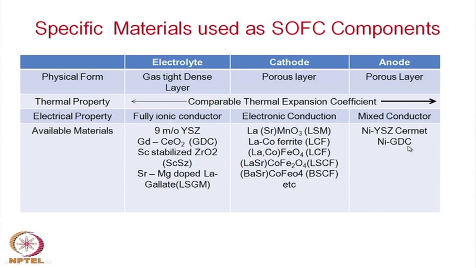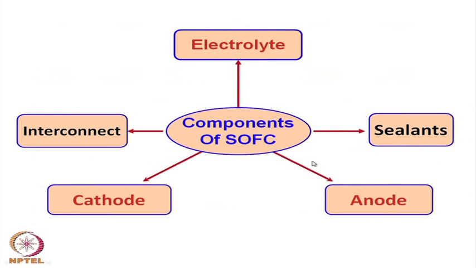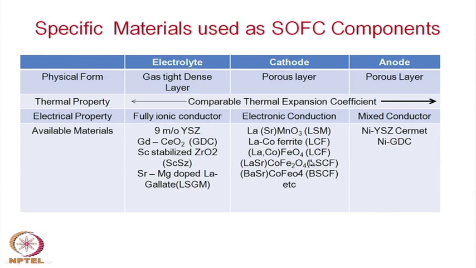So, normally the principle is you make a cermet, a metal ceramic composite of nickel. Nickel is normally the common material used, which is fairly stable at higher temperature and relatively less costly, and the electrolyte material. So, if you are using YSZ, then make a cermet of nickel and YSZ.